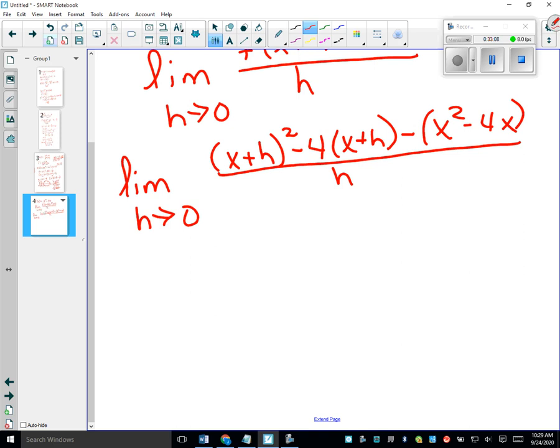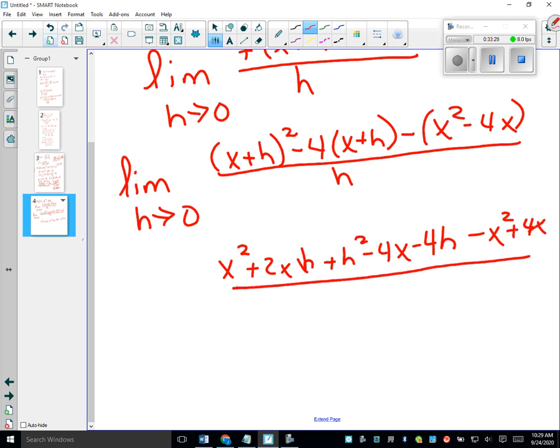So, do I just FOIL this out now? I have x squared plus 2xh plus h squared minus 4x minus 4h minus x squared plus 4x all over h. Let's combine like terms. Do the x squared subtract out?